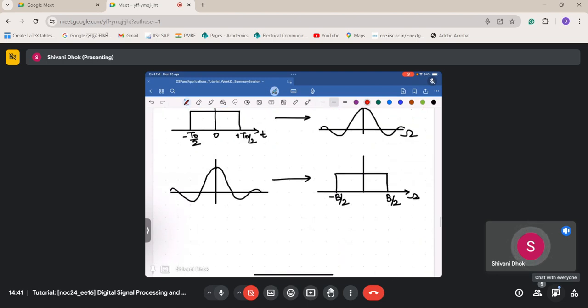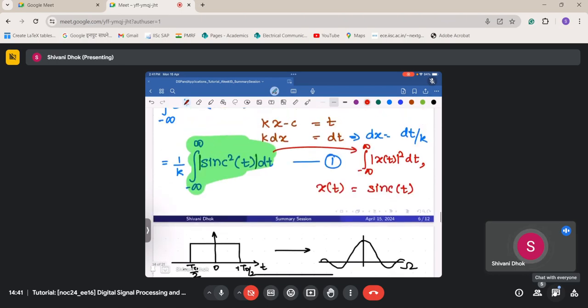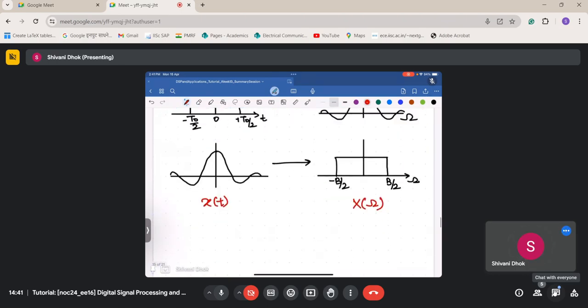So let's say that this is my x of t, and I'll have its equivalent x of omega. I don't know what coefficients are there, so I'll take a very generalized case where it has an amplitude of a, and it varies from minus b to b. It will have an amplitude of a and an amplitude of 0 otherwise.